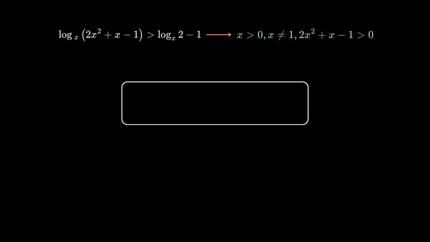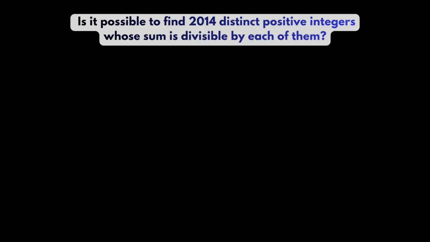Simply said, the solution between case 1 and case 2 is x greater than 1 over 2 and x cannot be 1. So practically x is going to be from 1 over 2, not included, to positive infinity, without the number 1 itself. Now let's take a look at the last question.